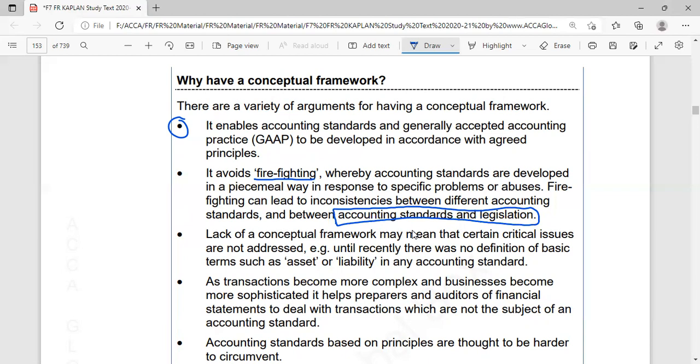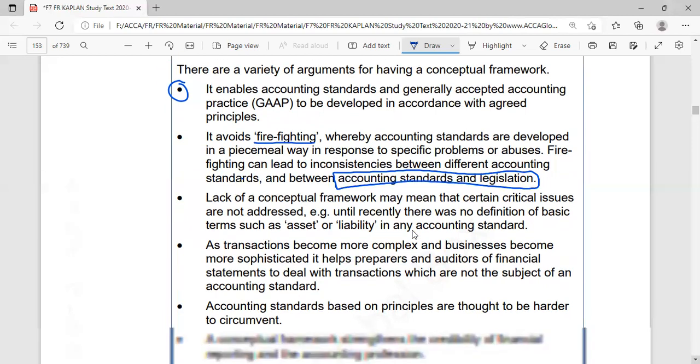Accounting standards are developed in a piecemeal way in response to specific problems and abuses. So firefighting can lead to inconsistency between different accounting standards and between accounting standards and legislation. For avoiding these inconsistencies, we need the conceptual framework.